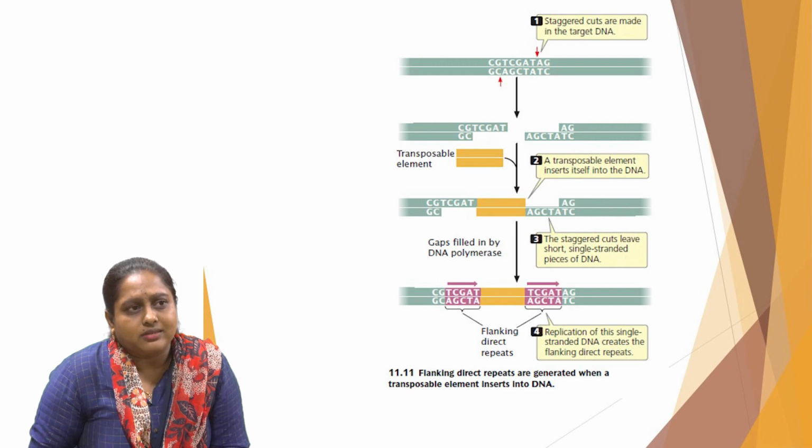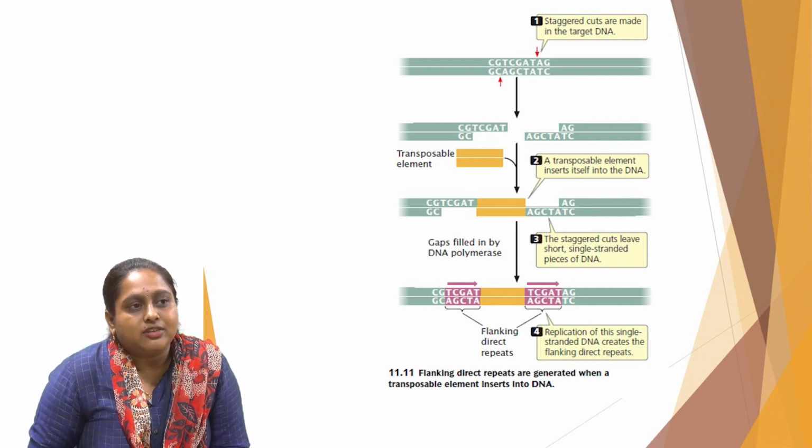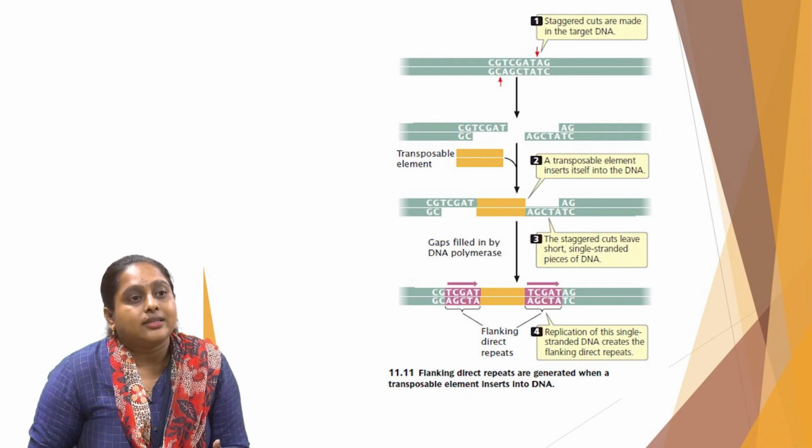The gaps in the staggered cut are filled by the transposable element in the second step, so the transposable element inserts itself into the DNA sequence.